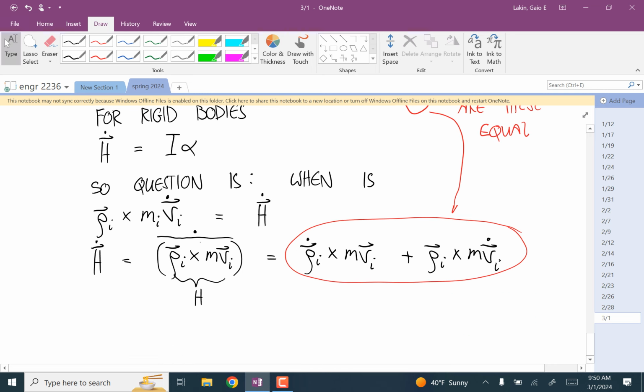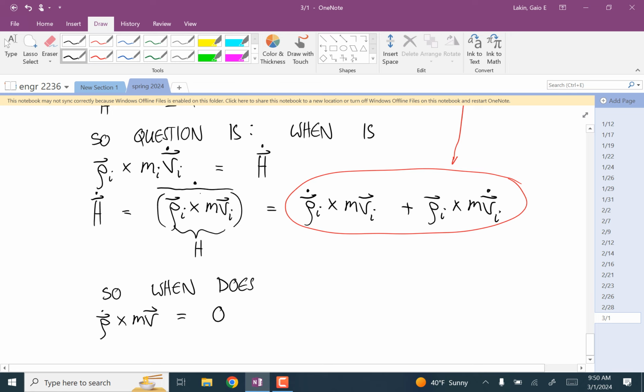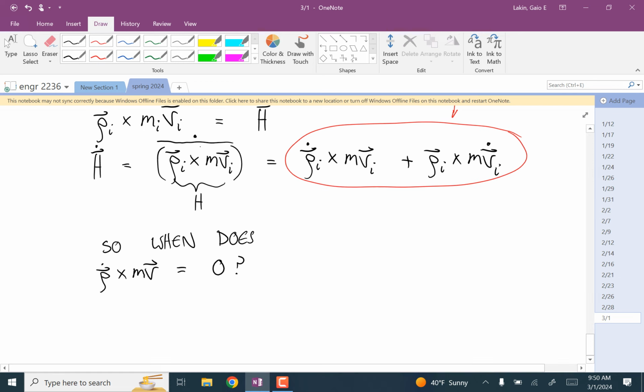So we're looking for when rho dot cross m v is equal to 0. Rho dot doesn't have to equal 0, but the cross product does. One way that this can equal 0 is if rho dot is parallel to v.